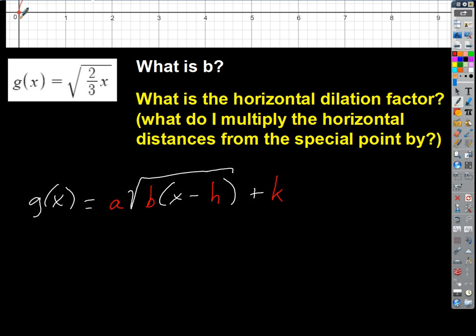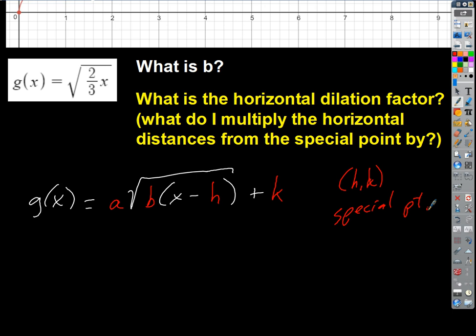Being as it starts at 0, 0, if I translate it vertically by k, then wherever it ends up, that's going to be the y-coordinate of the vertex. So we can just think about h and k as being the coordinates of our special point, right? What's a?